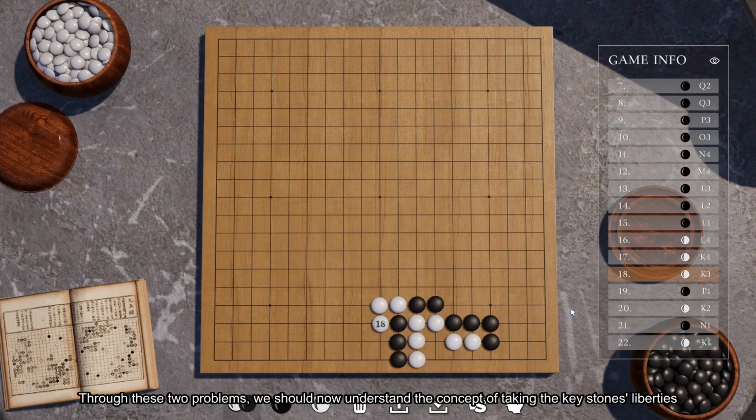Through these 2 problems, we should now understand the concept of taking the keystone's liberties. And both problems we just looked at used Atari to take the keystone's liberties and capture the opponent.